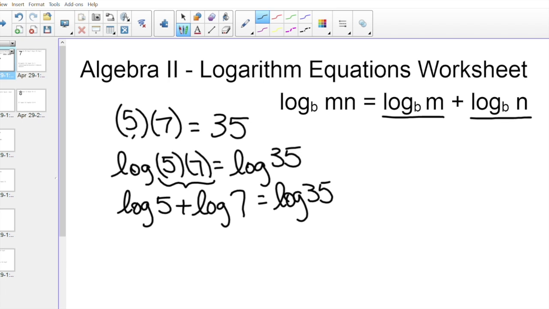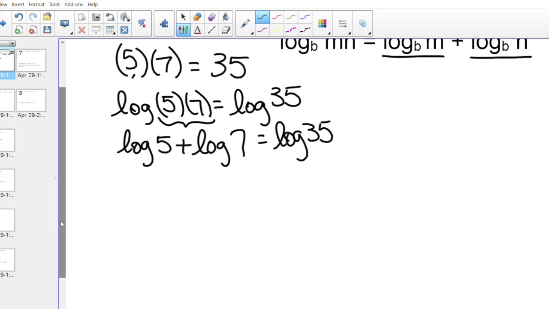Now what I want to show you here, or try to prove this, is if you go to your calculator and find the log of 5, I found it to be 0.6990, plus the log of 7, which I found to be 0.8451.